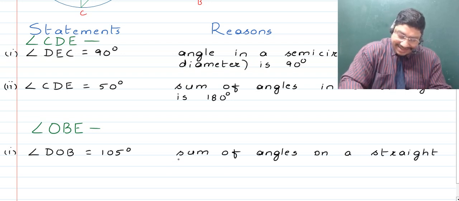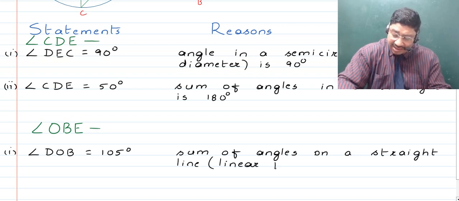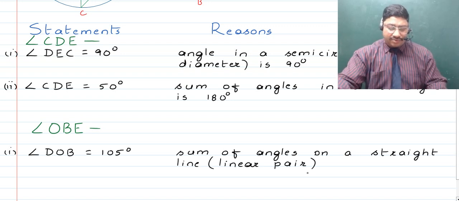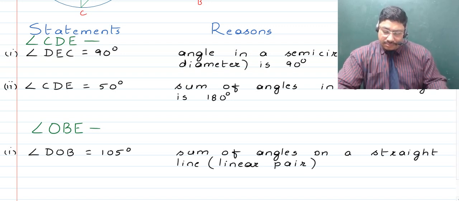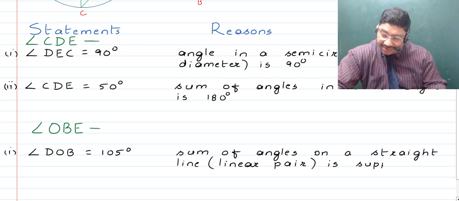And for better clarity, in the bracket you can even write linear pair. That means pair of the angles which are getting formed on a straight line, they will sum up to 180 degrees, right? Okay, here for the line, sum of angles is supplementary. Now the word supplementary tells you that the angles will sum up to 180 degree, right?